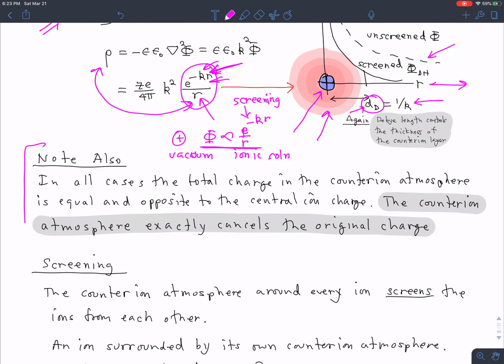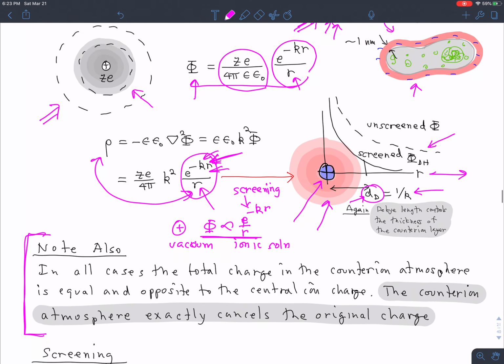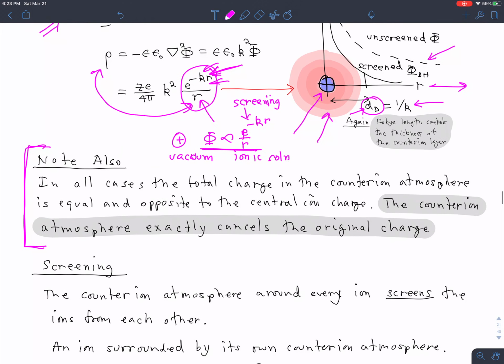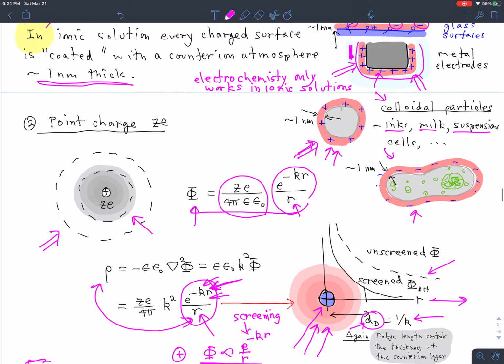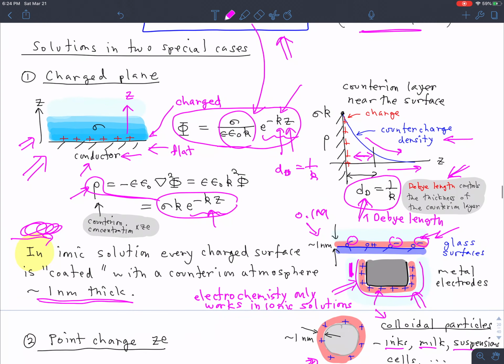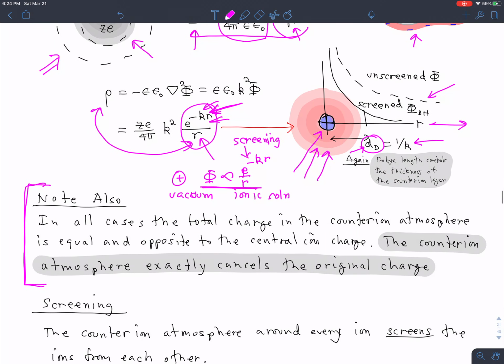Before we go to the next topic, let me point out something that isn't obvious, though you could prove it. I think there's a homework problem, in fact, that asks you to prove it, that the total amount of charge in the counterion atmosphere, in either of these two cases, in fact, in all cases, always exactly cancels the original charges that caused the counterion atmosphere to start with.